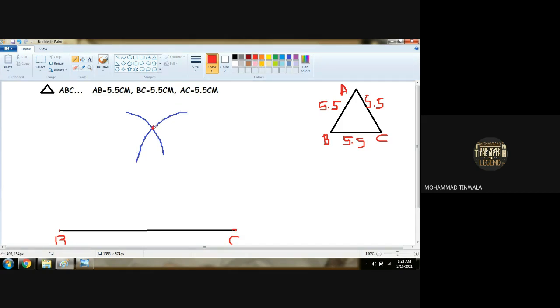Give the intersecting point name as A. Now join point A and point B and point A and point C. Can you see? It is an equilateral triangle with the same measure, all the three sides. Here you have to write 5.5 centimeter.